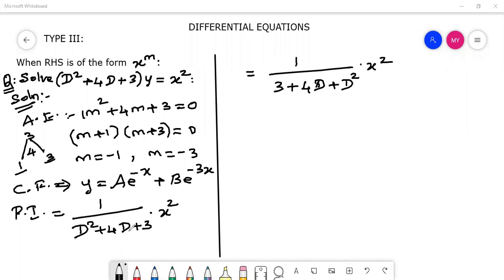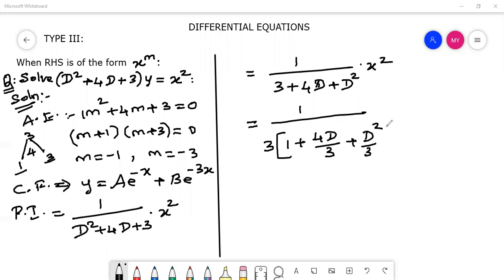If it is negative, you have to go along with the symbol. Now this constant term should be 1, so we have to make it 1. Whatever is there, we take it commonly outside. If I take this 3 commonly outside, this place becomes 1 + 4D/3 + D²/3, times x².